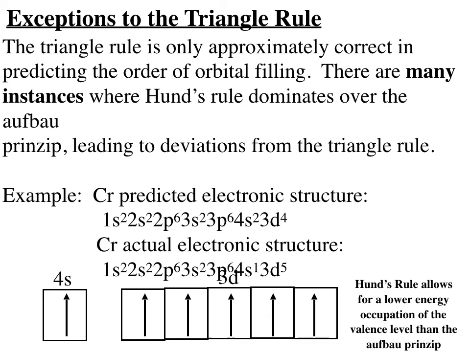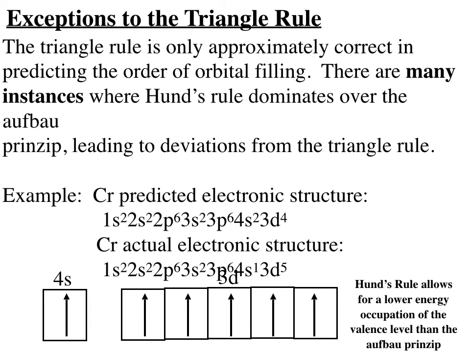Let's look at a particular example of this violation of the triangle rule that I was talking about on the previous slide. There are many instances of violations of this in the periodic table. So again, remember, you should just think of the triangle rule as something simple that we will use, but not necessarily written in stone to guarantee the correct electron configuration.